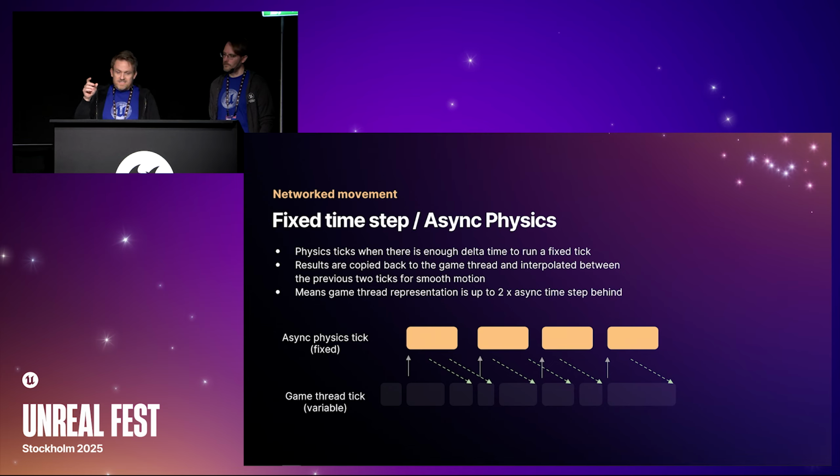But one of the consequences of that is that the game thread representation is always slightly behind the physics thread representation. And at the most, it can be up to 2 times the async delta time away. So this has some consequences, which I'll talk about in a sec.